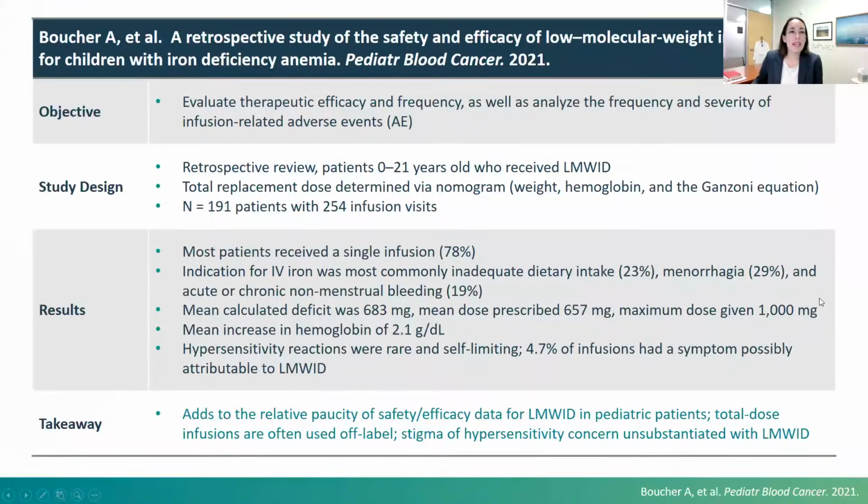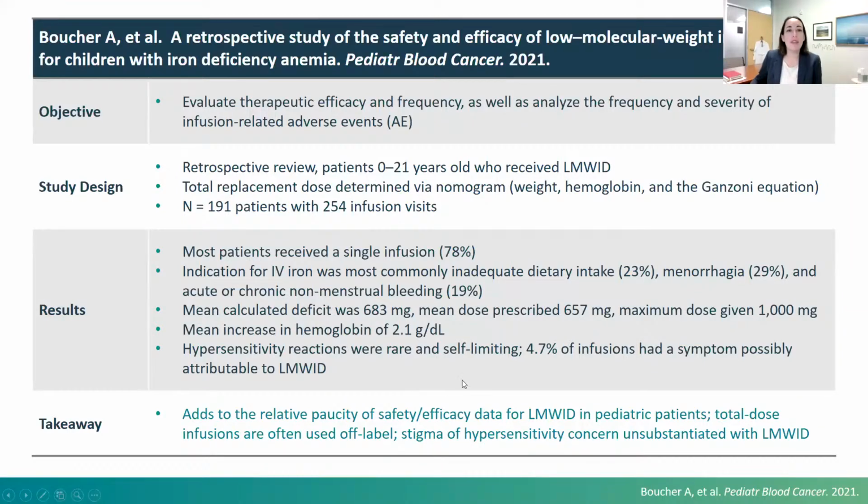This is one of the studies. It was a retrospective case series in pediatrics looking at low molecular weight iron dextran, published last year in Pediatric Blood and Cancer. It was really just focusing on efficacy and the frequency and severity of infusion-related adverse events. This was a single center study, but there were 190 patients treated with over 250 infusions.